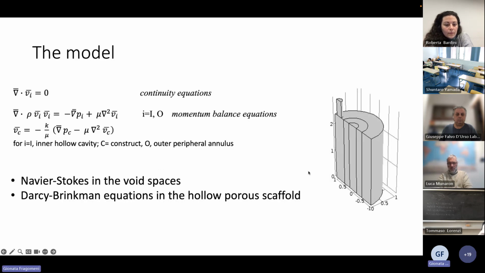And also in this case we have the scaffold in this zone, and the void zone that is this and this. And we have the Navier-Stokes equation in the void space, and the Brinkman equation in the scaffold zone, in this zone.